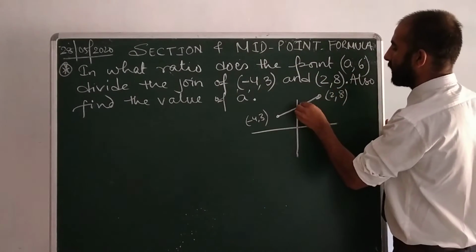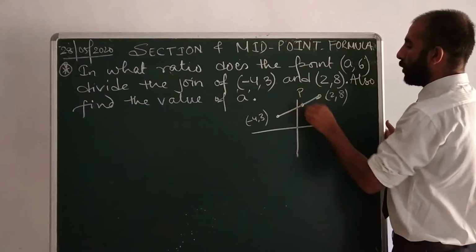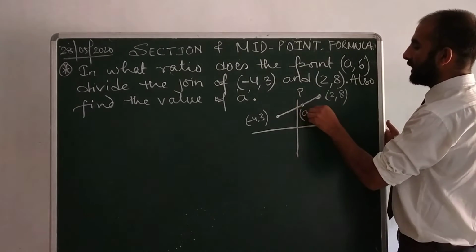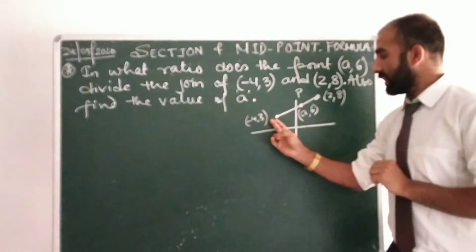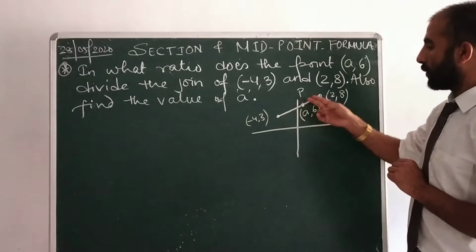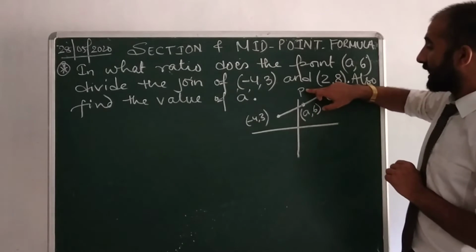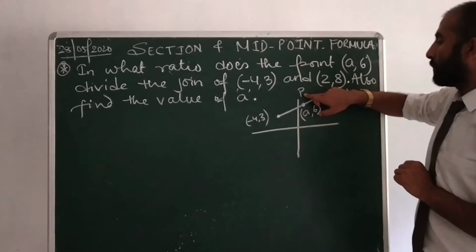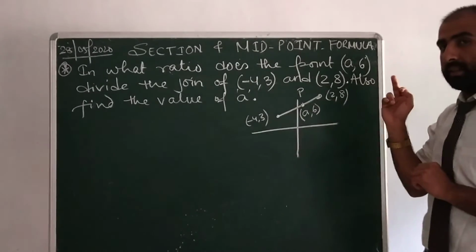Let us take somewhere here one point whose coordinate is given as (a, 6). See, one point is here, another point is here. When we join these two points, we'll get one line segment, and that line segment is divided by a point, I suppose P, whose coordinate is (a, 6).